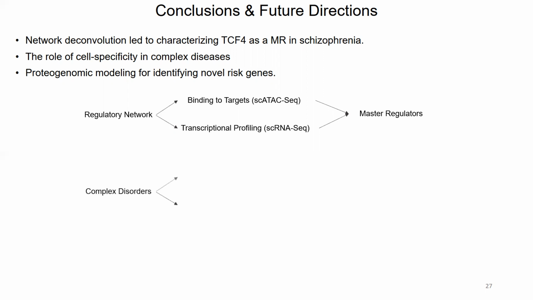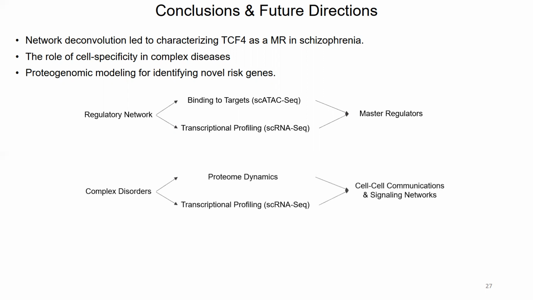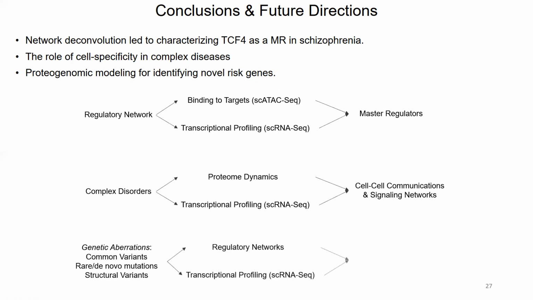The other question is how we can use single-cell RNA-seq data as a proxy for proteome expression to quantify cell-cell interactions. And finally, how we can leverage the hidden knowledge in regulatory networks as well as genome-wide genetic aberrations to create a risk score, which we call the polygenic expression risk score, which has the potential to be of great clinical utility.